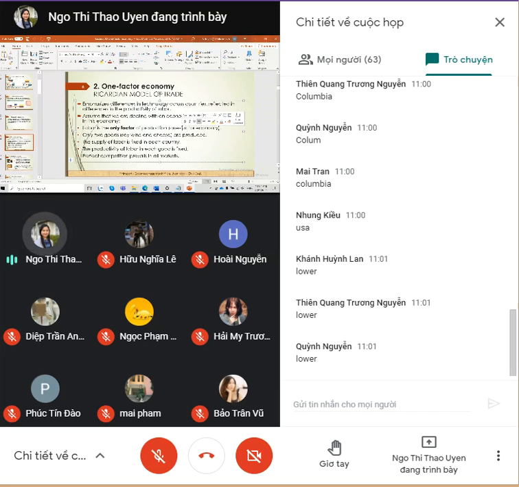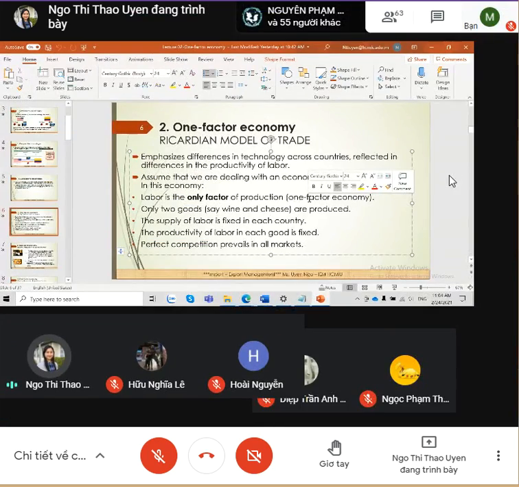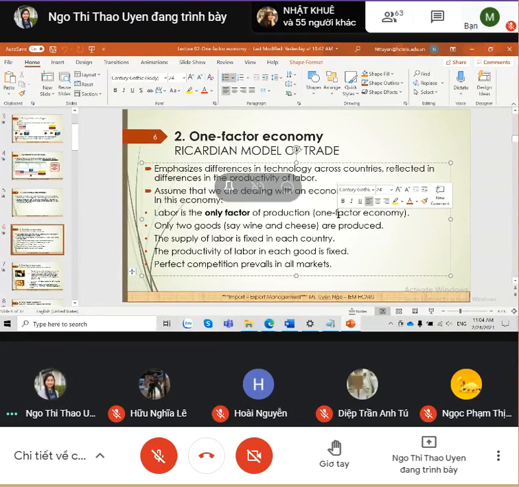But in real life, an economy has numerous factors like labor, technological development, land, natural resources, wages, or so many other factors that affect production. But here in the Ricardian model, we assume that only labor.